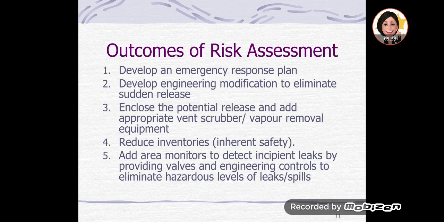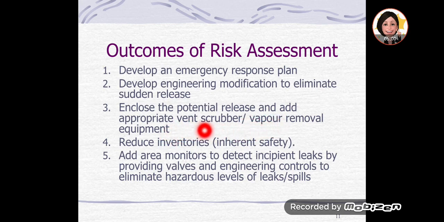From the dispersion models, the outcome of the risk assessment is that we are able to develop an emergency response plan and engineering modifications to eliminate sudden release, then enclose the potential releases by adding vents or scrubbers.